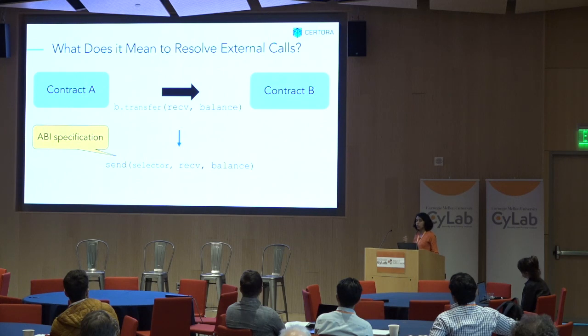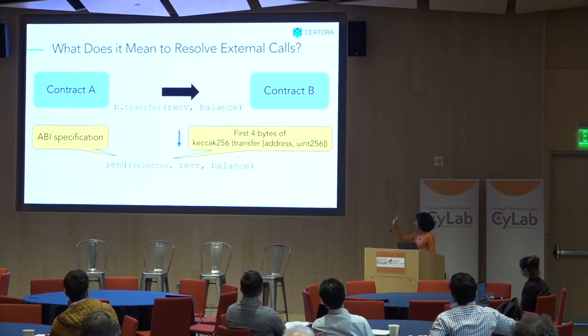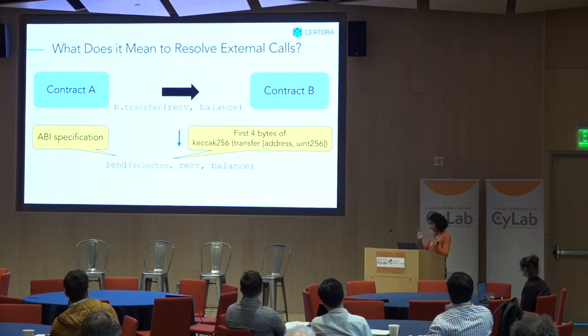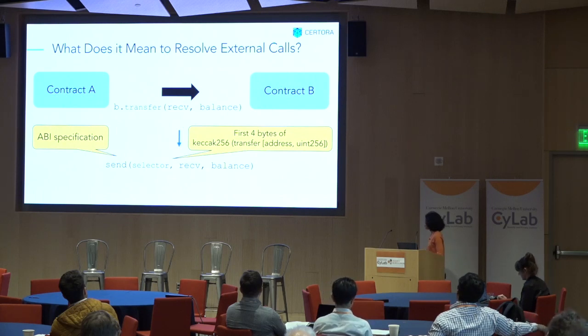There is this notion of an ABI specification, which is a standard that tells you exactly how you can encode inter-contract communications. So in EVM, the ABI specification states that the selector has to be this exact thing, right? It has to be the Keccak-256 hash of the signature of the function, and then the first 4 bytes of that. So this is specified in the ABI specifications for EVM.